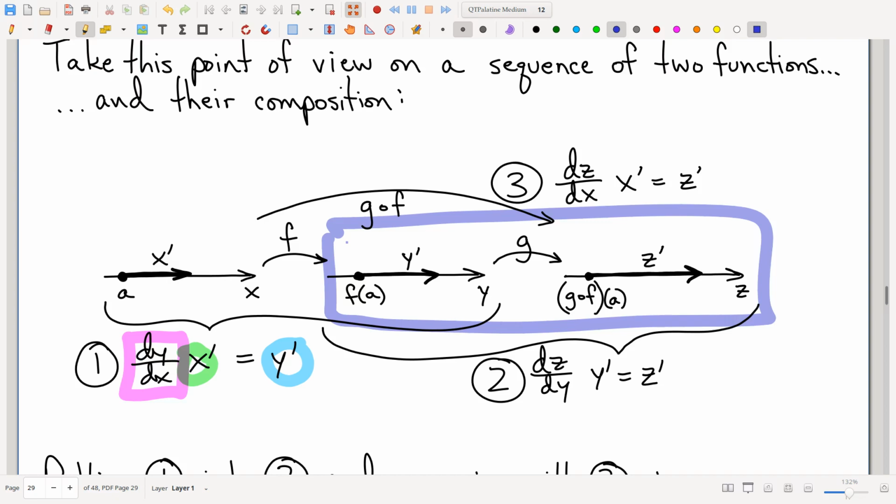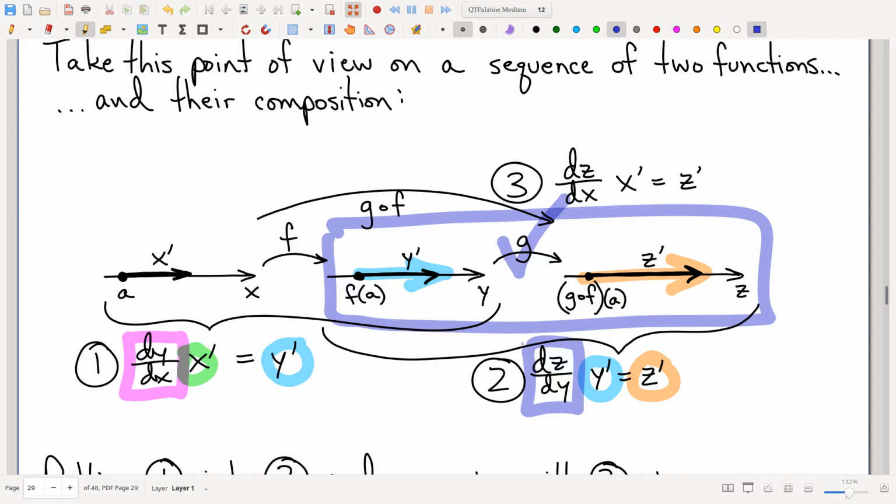As y moves, that is the input velocity for this function g, and that will have some resulting output velocity, which again relates by way of the derivative. In this case, the derivative of g, which I'm going to call dz dy. Different variables, but same basic idea.